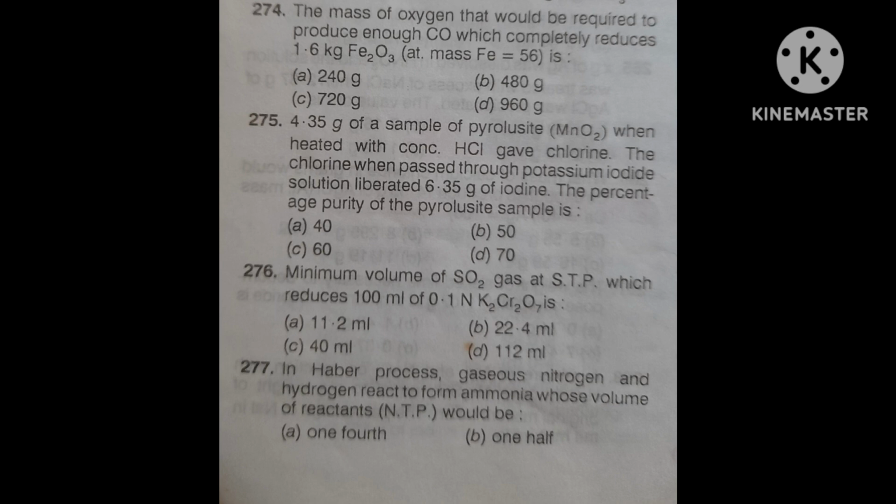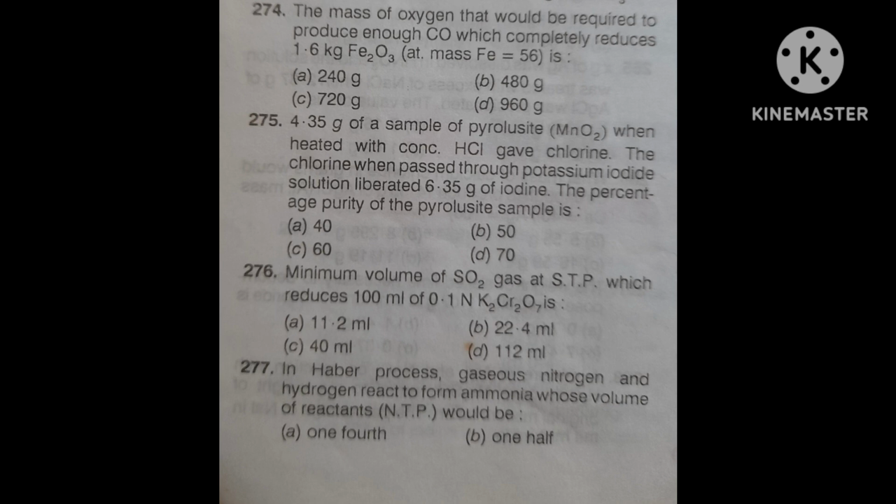For 1 N it is 49, so for 0.1 N it is 4.9, meaning 1000 ml contains 4.9 gram potassium dichromate. Then for 100 ml you get 4.9 divided by 1000 into 100, which is 0.49 gram. Now you can easily calculate how much potassium dichromate is present in 100 ml.